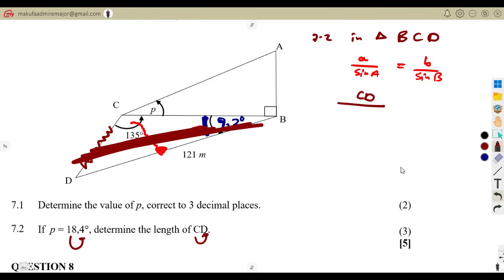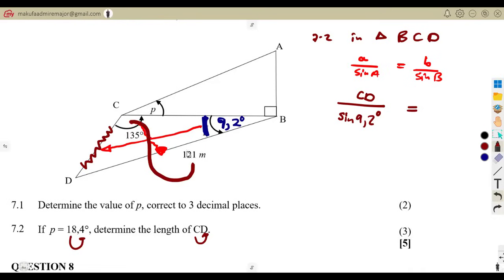CD is facing 9.2, so it's over sine 9.2, equal to the other part that is complete: 121 over the sine of the corresponding angle, 135.